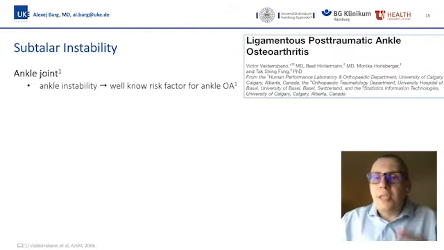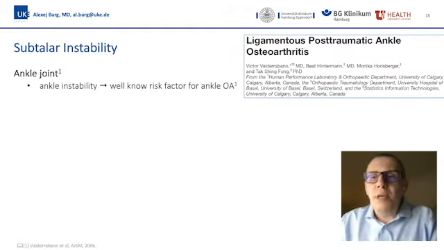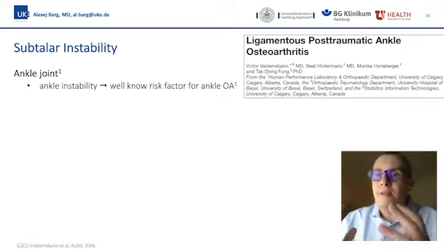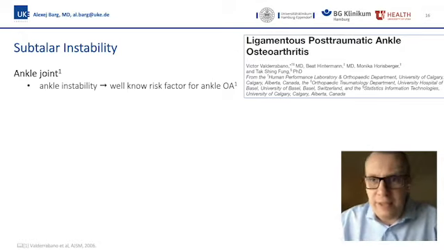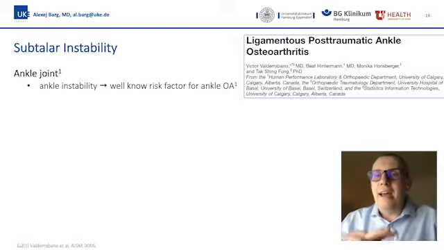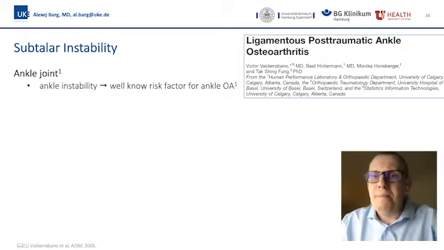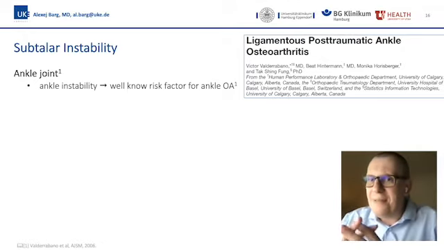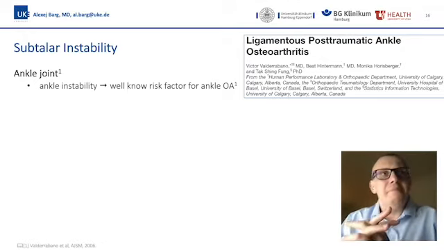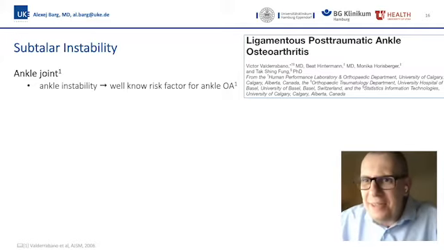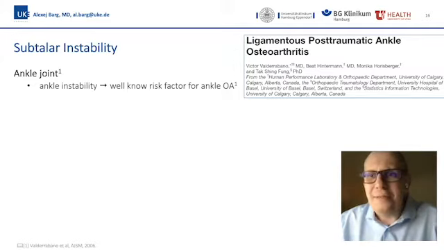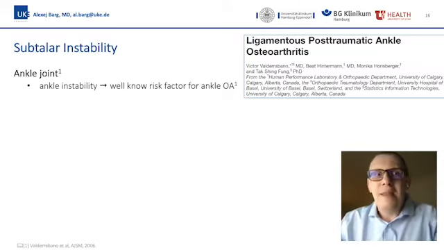So, subtalar instability. I'm pretty sure maybe some of you have already had ankle instability, maybe even surgery for ankle instability. I am 100% sure that Professor Ned Amendola did 1,000 ankle stabilization procedures, maybe even more.